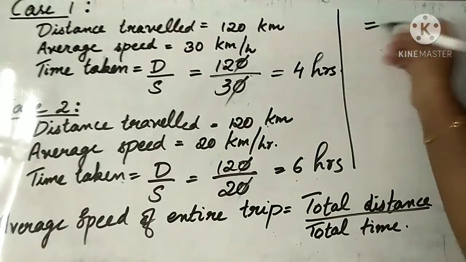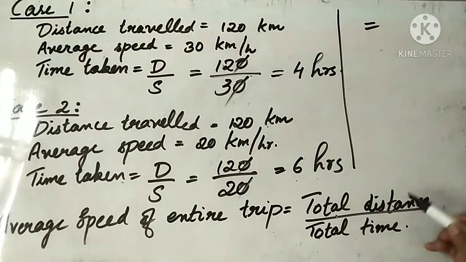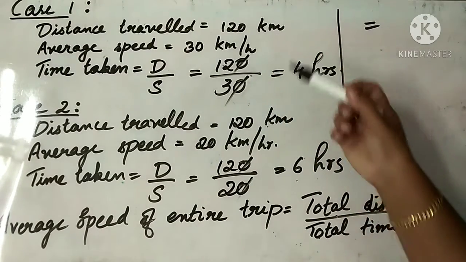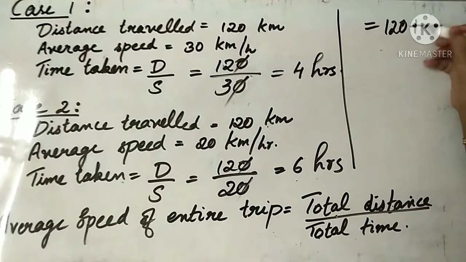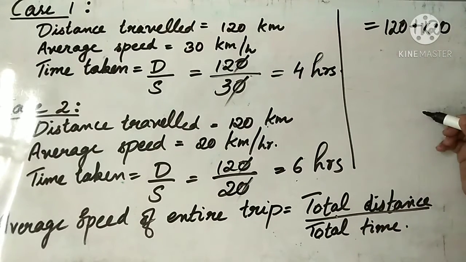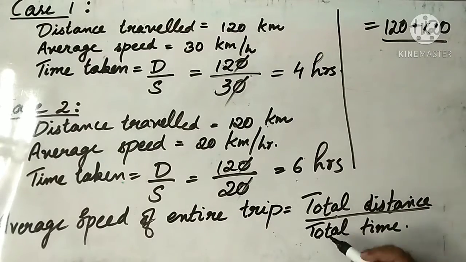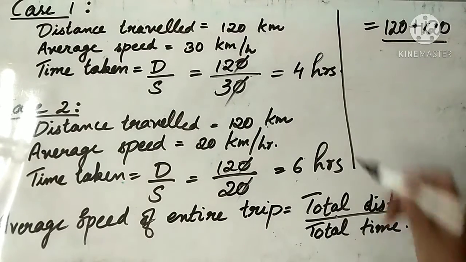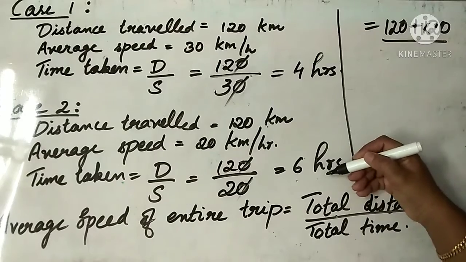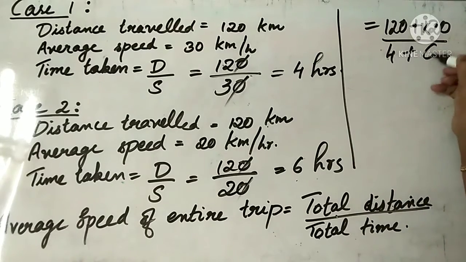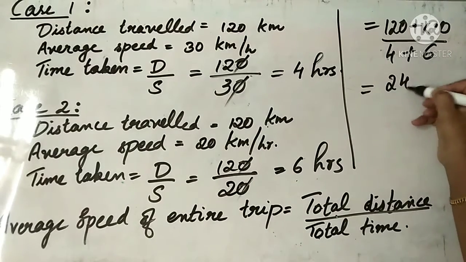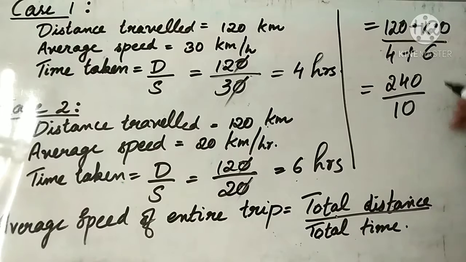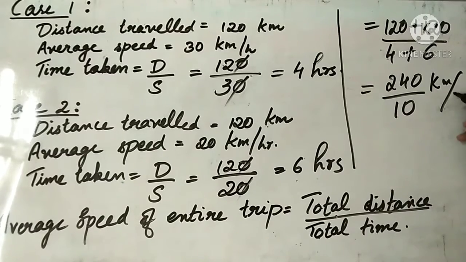Total distance means distance travelled in case 1 plus distance travelled in case 2, that is 120 km plus 120 km, by total time taken, that is 4 hours plus 6 hours. 120 plus 120 is 240, and 4 plus 6 is 10, so 240 by 10 km per hour.